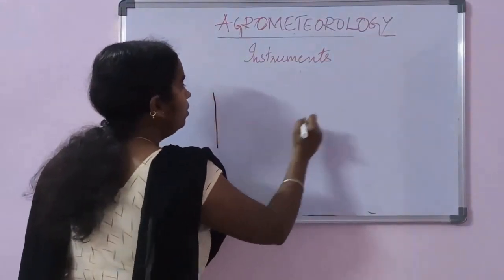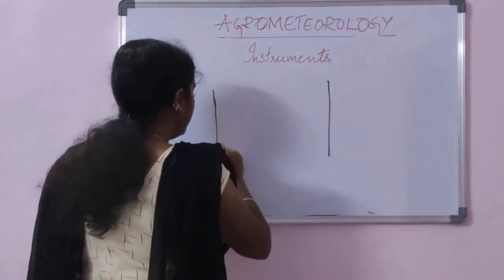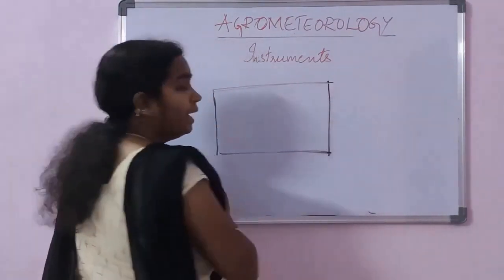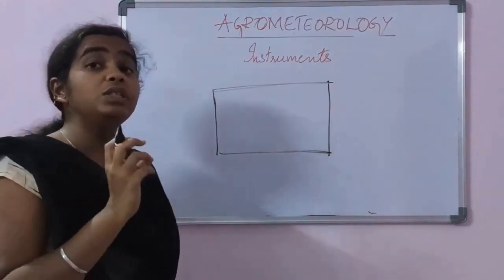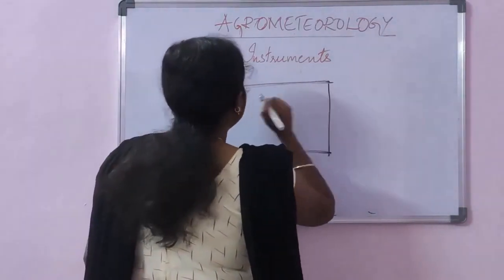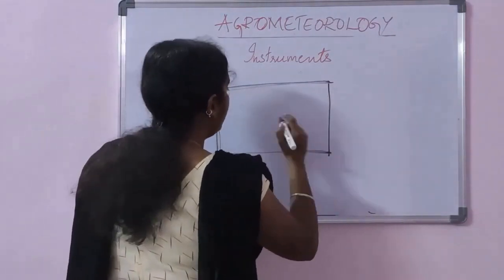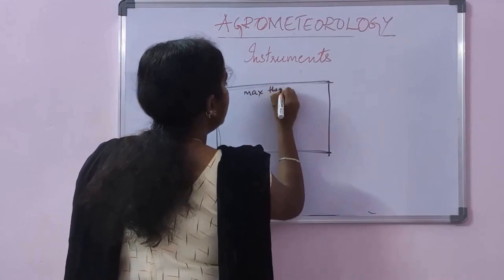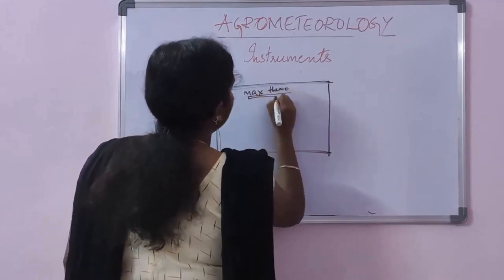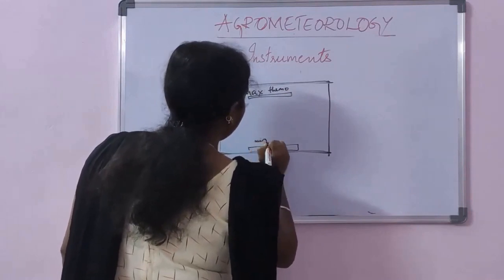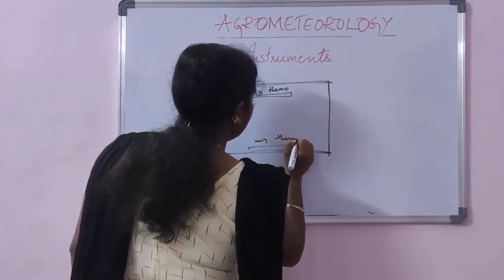As I have told you, a Stevenson screen is just like a mini house made out of wood, which will be painted white. In that, there are 4 instruments kept together. One is the maximum thermometer at the top. At the bottom, the minimum thermometer.